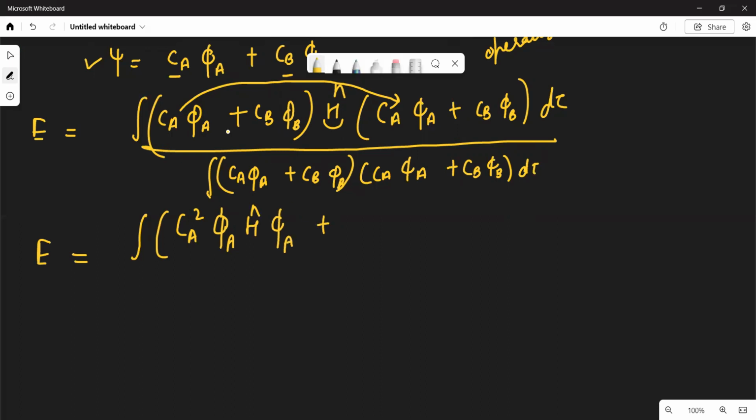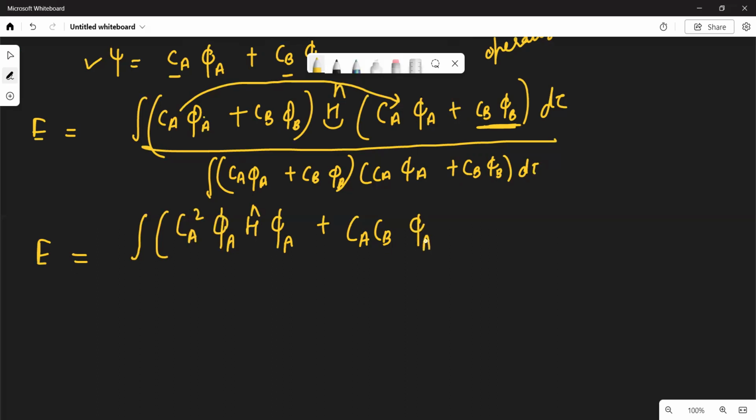Again, we will multiply the first term with the second term of the second bracket. So Ca, Cb can be written together because these are only constants. But we cannot write phi A and phi B together because in between we have an operator.